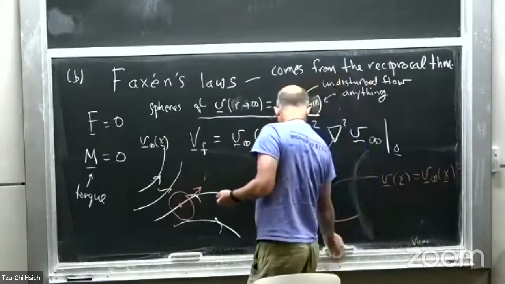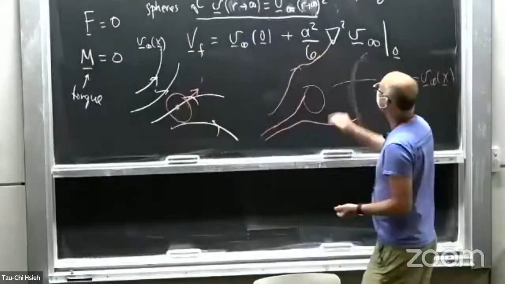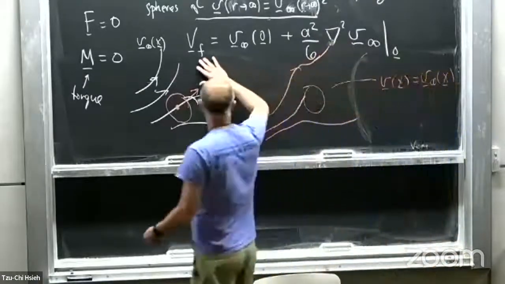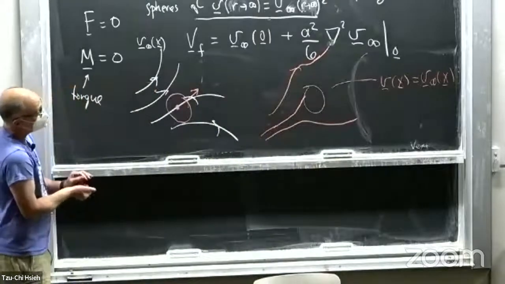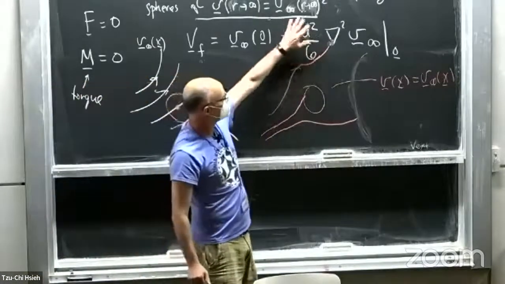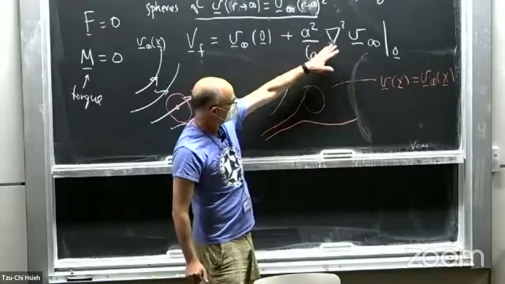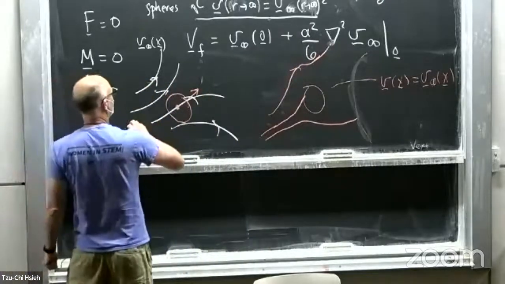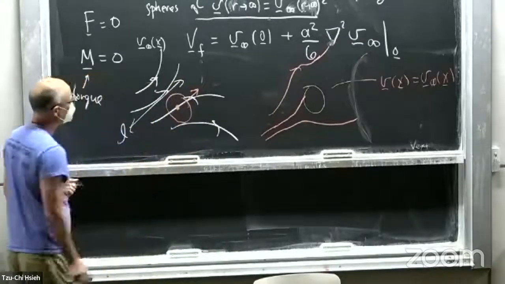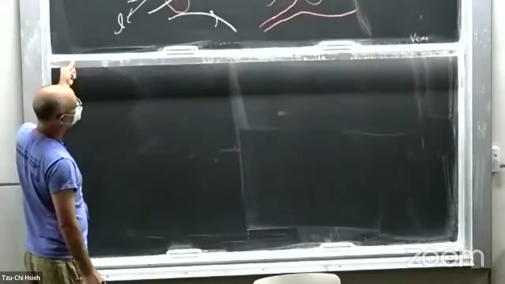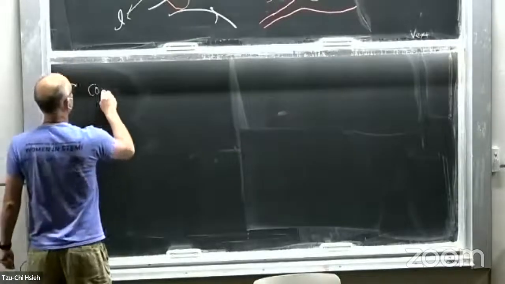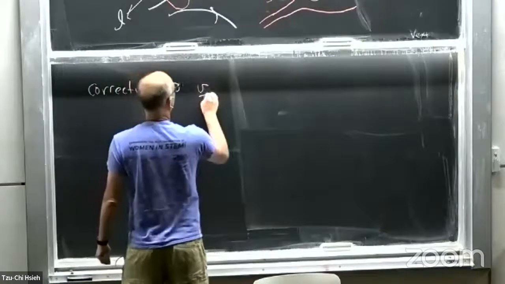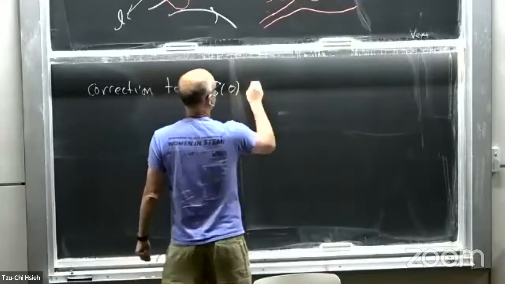All right. So that's what happens to the sphere, to its linear velocity, and mostly we're going to ignore this term because it's a finite size effect. If there's some scale to the flow over which this varies, then the correction is small.